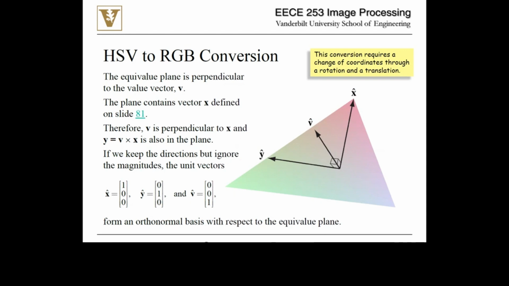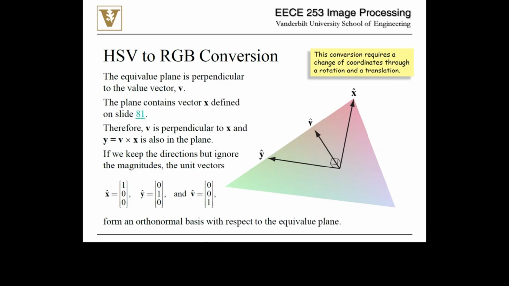The origin is at the gray point. So this is the only gray point in this triangle. And then I will have a vector v that goes out. So this is perpendicular to the plane. And then I have x that goes from the gray point to the most red point. And then y has to be orthogonal to these two. So if this is 0, 0, 1, when I define this to be 1, 0, 0, then y has to be 0, 1, 0, because it has to be orthogonal to the other two.